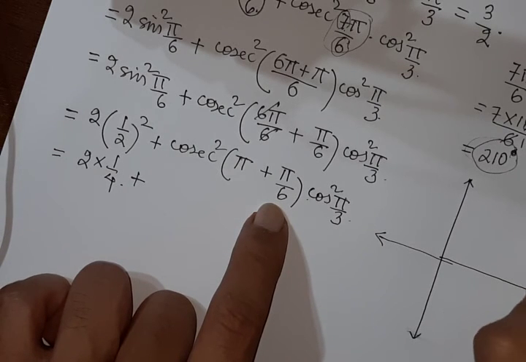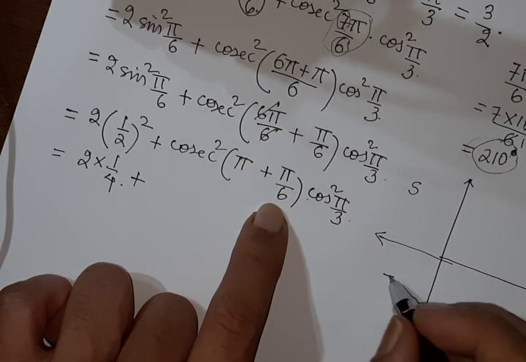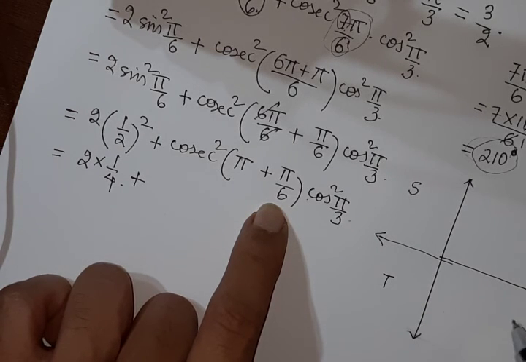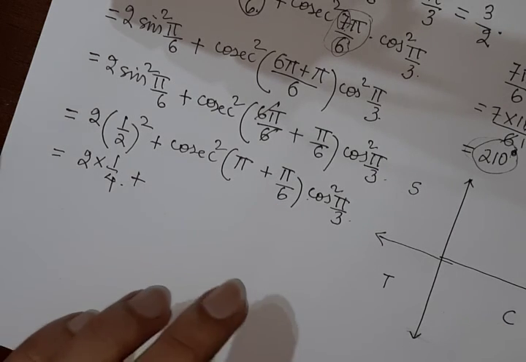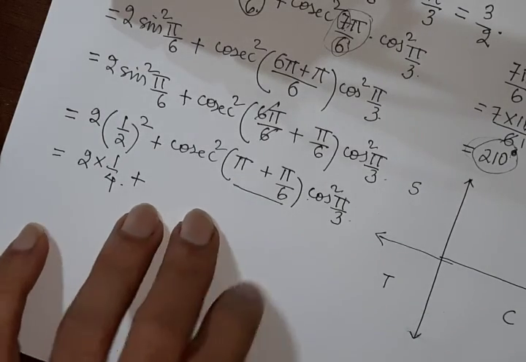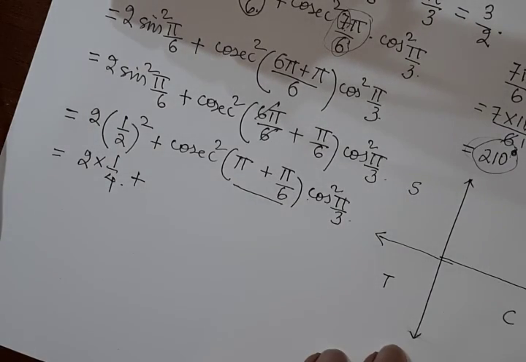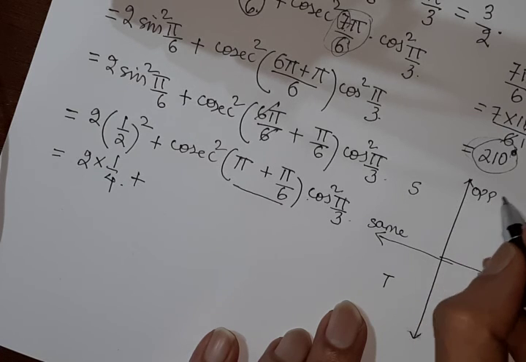So now the first quadrant you have A, all. Second quadrant it is S, sine. Third it is T, tan. And the fourth it is C, cos. Now you look at the angle. Before that, when you write this, also what you have to write is, here it is same, here it is opposite.